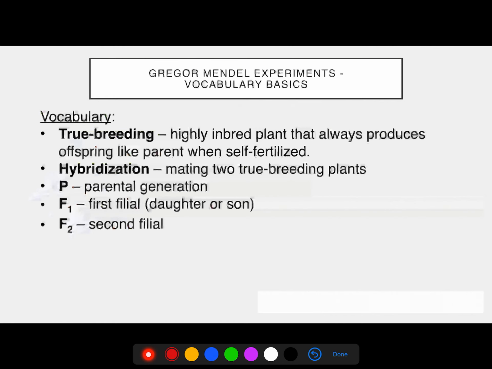And so true breeding is just a plant that can only give to its offspring one type of gene, period. And so we call it true. You might hear some scientists use the word pure breeding instead of true. They both mean the same thing.